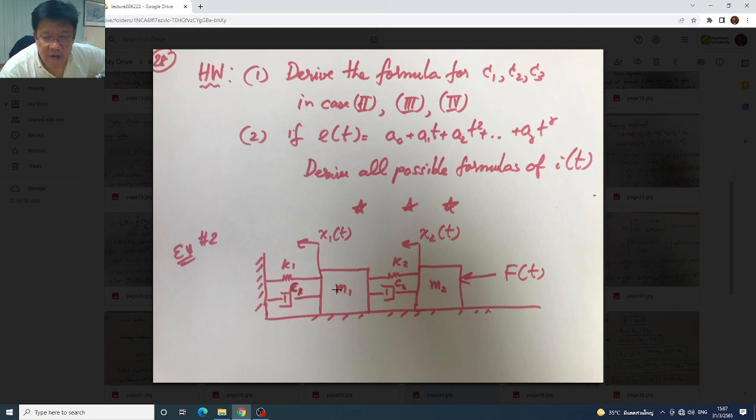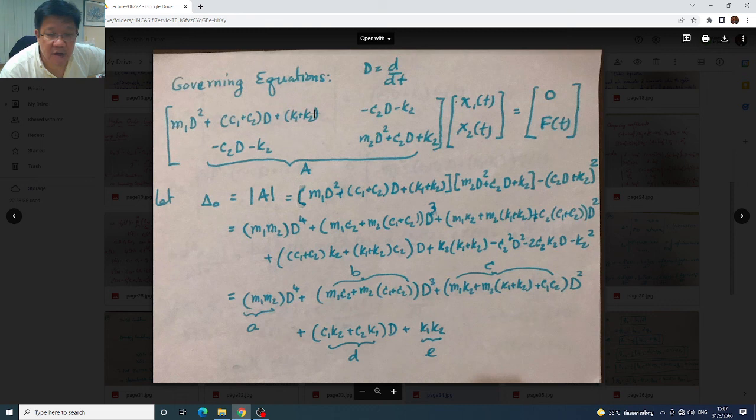The elements in the matrix A related to this, based on matrix multiplication, are m1 D squared, which is second order differentiation, plus the summation of c1 plus c2 times first order, plus k1 and k2 times zeroth order. You can see that these are all the mechanical elements related to this.